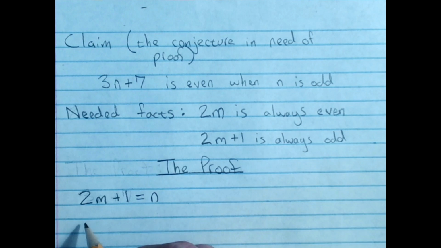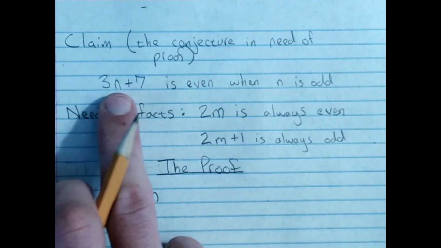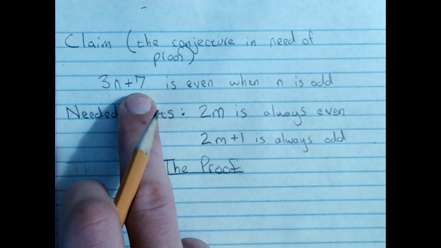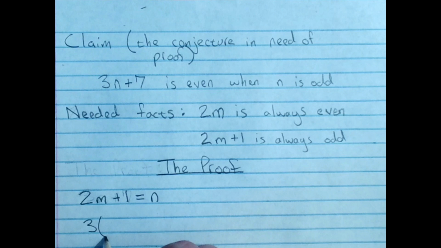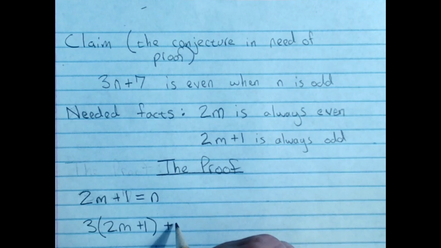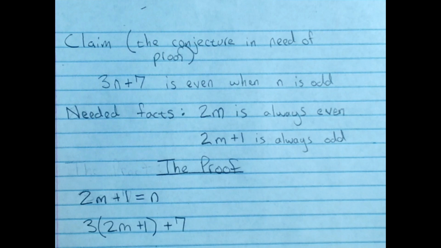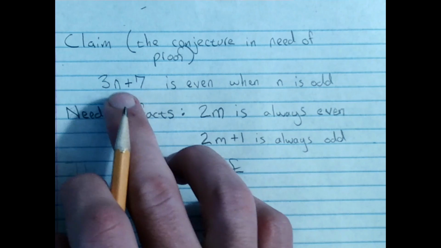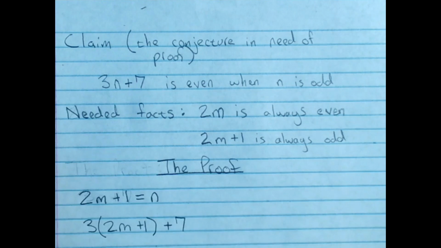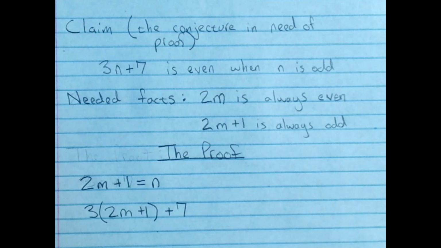Now by substitution, I'm going to rewrite 3n plus 7 as 3 times (2m plus 1) plus 7. So I'm plugging the form of an odd number in for n.